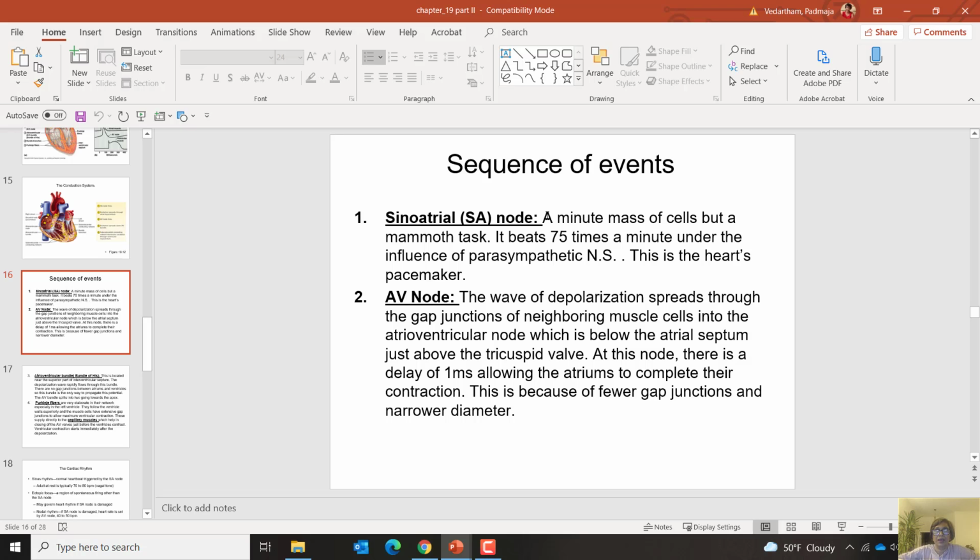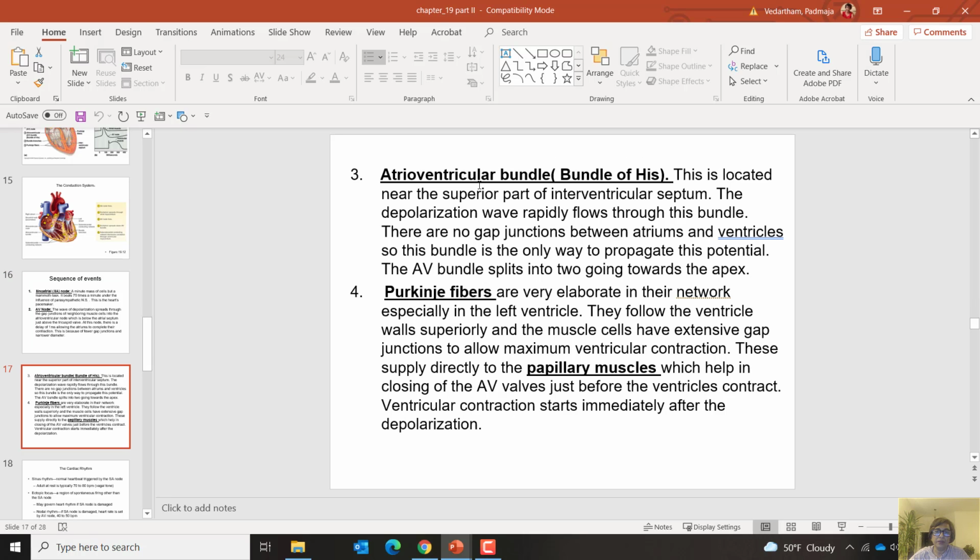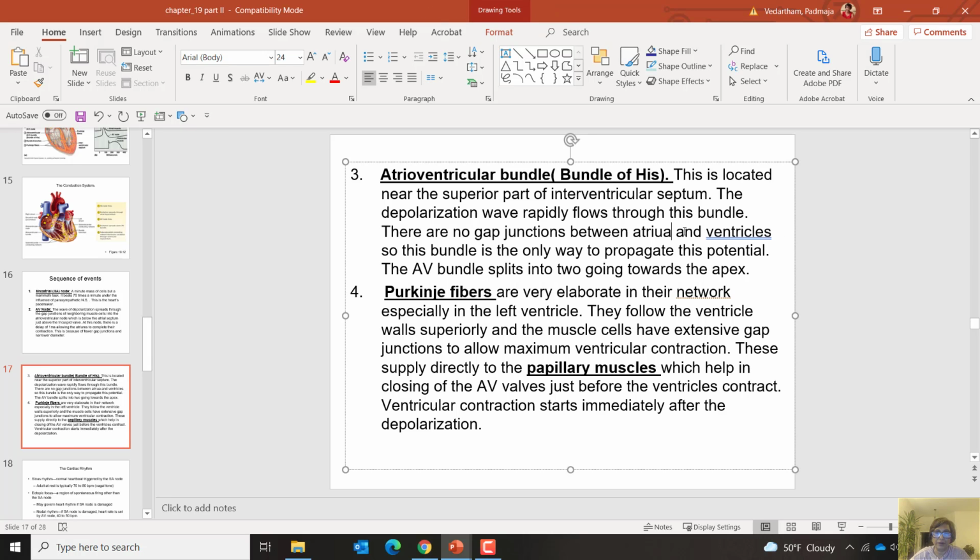It's almost like having 5 lanes come into 1 lane, stop, and then boom, it goes out into the AV bundle. The AV bundle, it goes very fast because these are pretty big cells. And as I said earlier, there are no gap junctions between atria and ventricle.